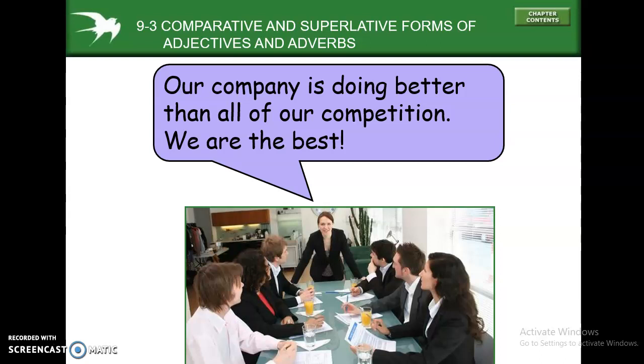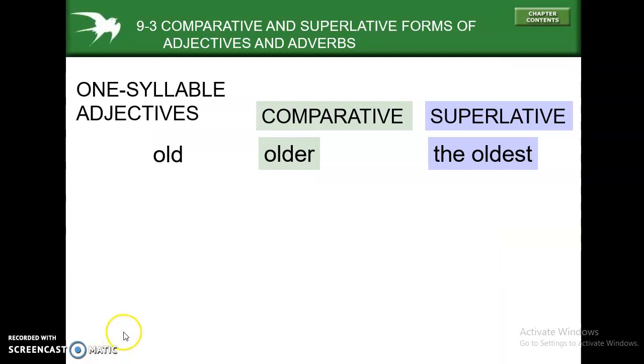Now comparative and superlative form of adjective and adverb. For example, our company is doing better than all of our competition. We are the best. So for one syllable adjective, for example old, we can use older for comparative, and oldest for superlative.